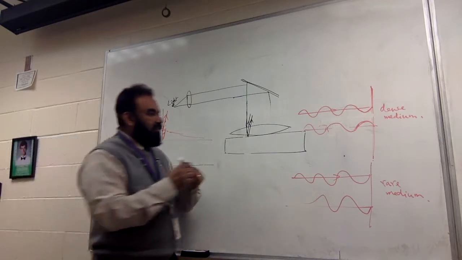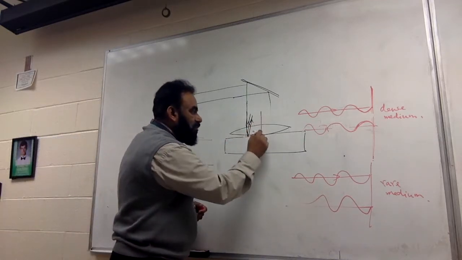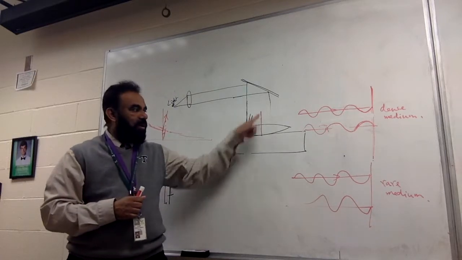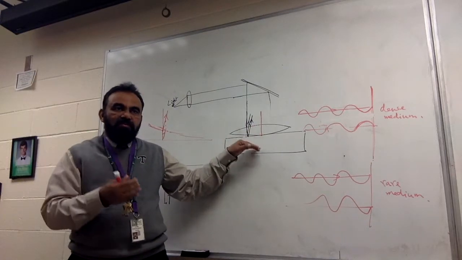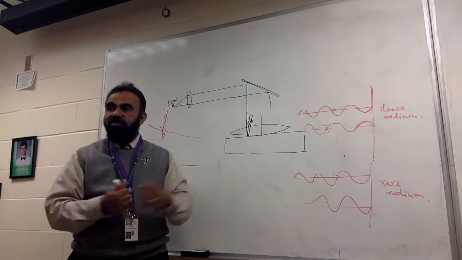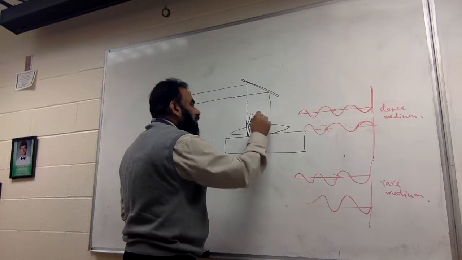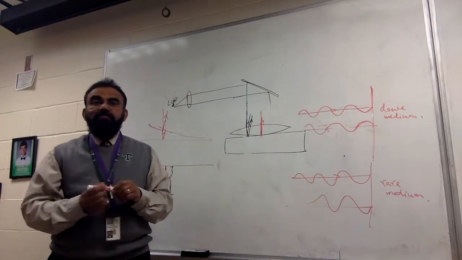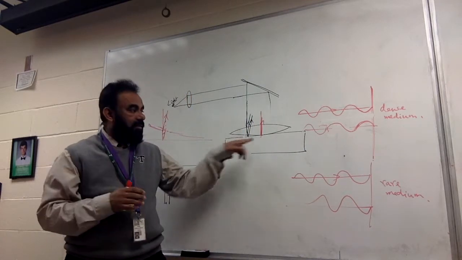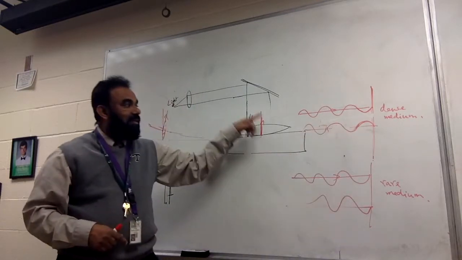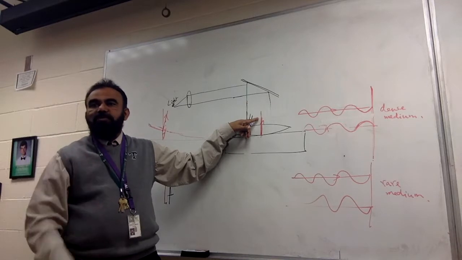Now, what is the path difference for two rays bouncing right at the center? One is bouncing from the bottom of the lens, the other from the top of the glass, but there's no path difference. So for the two rays bouncing off from the center, there is no path difference as it is, but because of this concept, there is a path difference of lambda over 2.